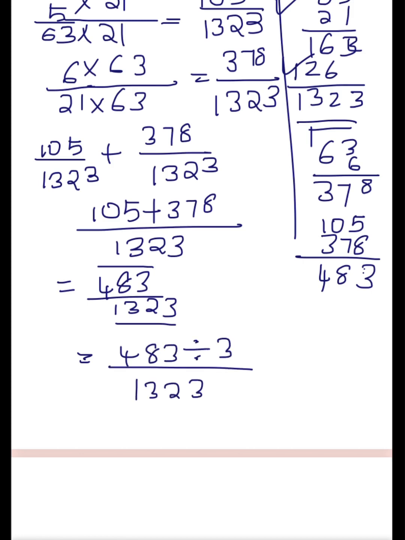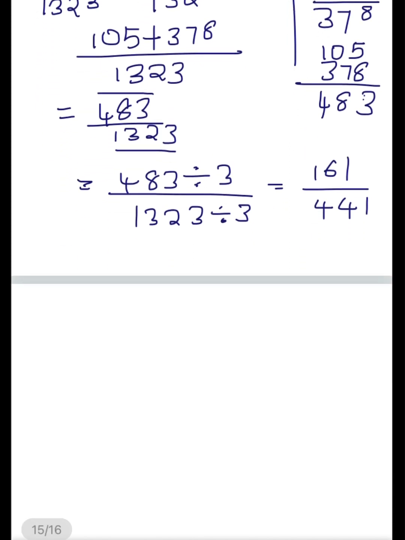Then what will you get? When you divide 483 by 3, you will get the answer as 161. You can divide it and see. And 1323, when you divide it by 3, you will get 441. You can convert it again into its standard form. How? You have to divide 161 and 441 by a common factor.